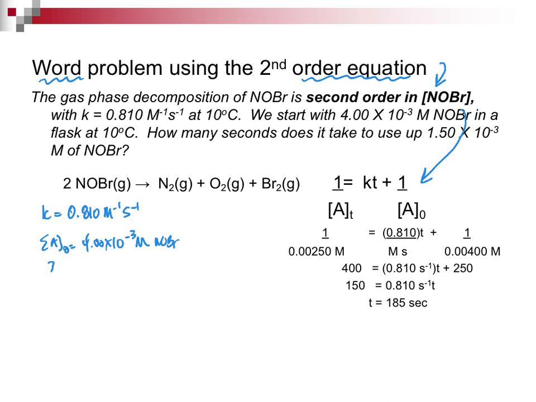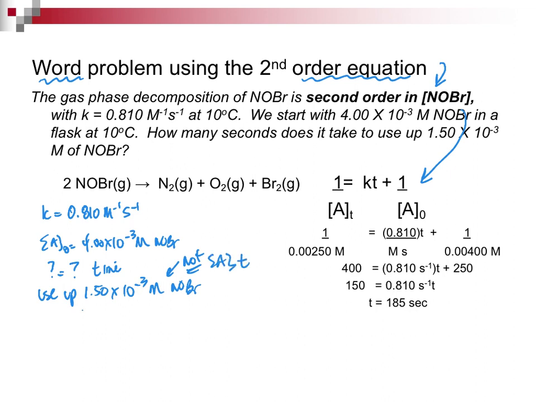And how many seconds does it take? We want to know what is our time, because what we are going to do is we are going to use up 1.50 times 10 to the molar NOBR. Notice this is not our concentration at time t.